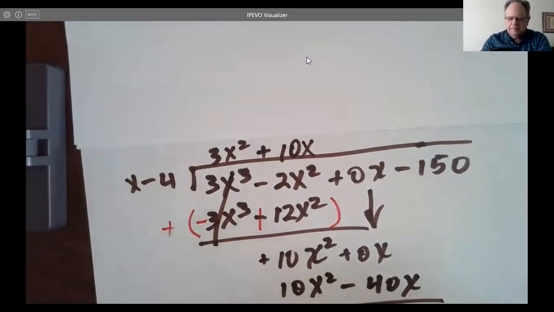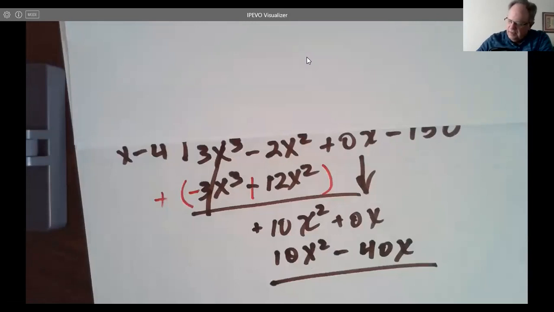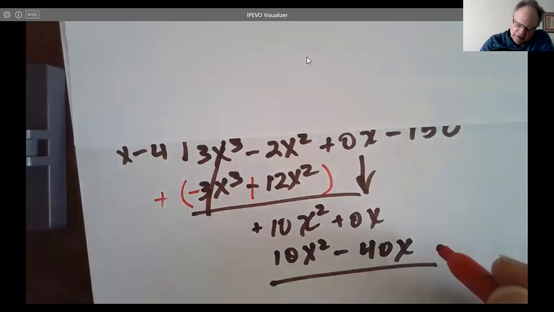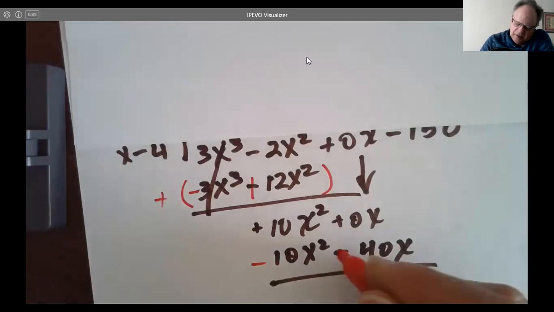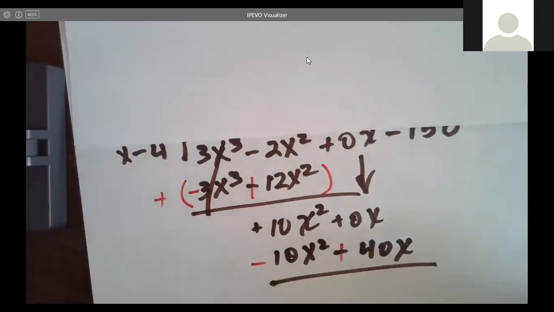Questions with that? Again, we subtract. So we have to change the signs in the bottom row. So the 10x squared becomes negative. The 40x squared becomes a positive.